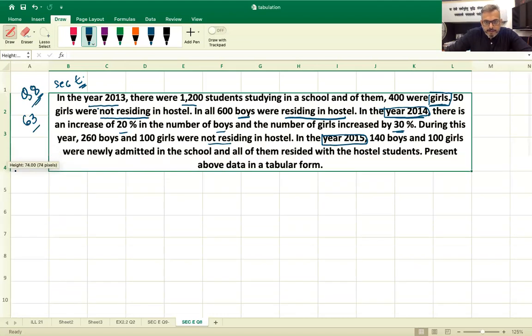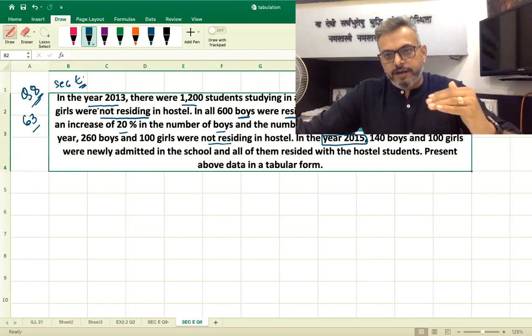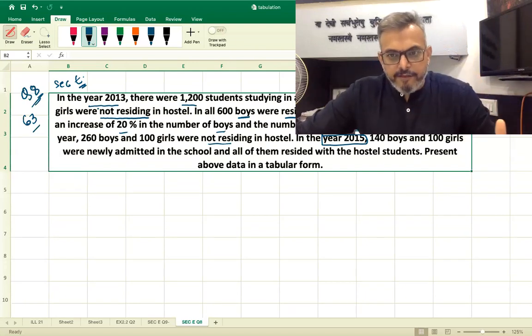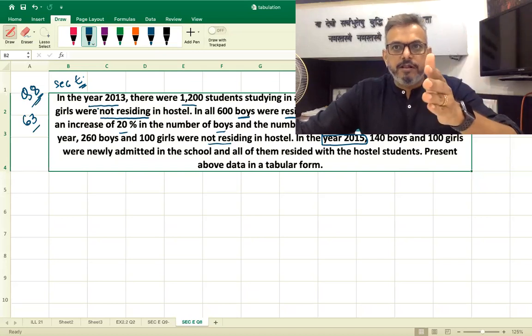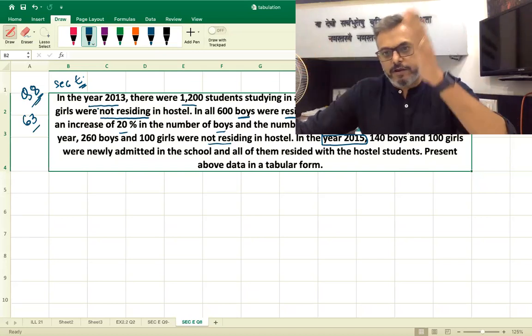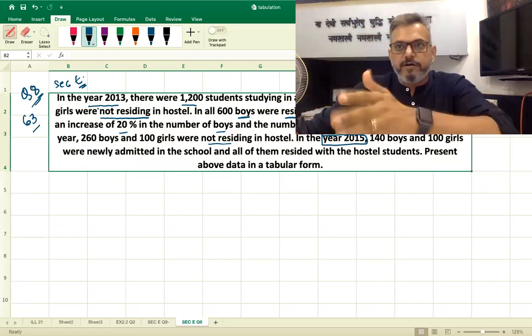Present the above data in tabular form. Now, as discussed with you, because years है 13, 14, 15, तो हमें नीचे total करना नहीं है. Then we have residing in hostel, boys, girls total. We have not residing in hostel, boys, girls total. And then we have total, boys, girls total.